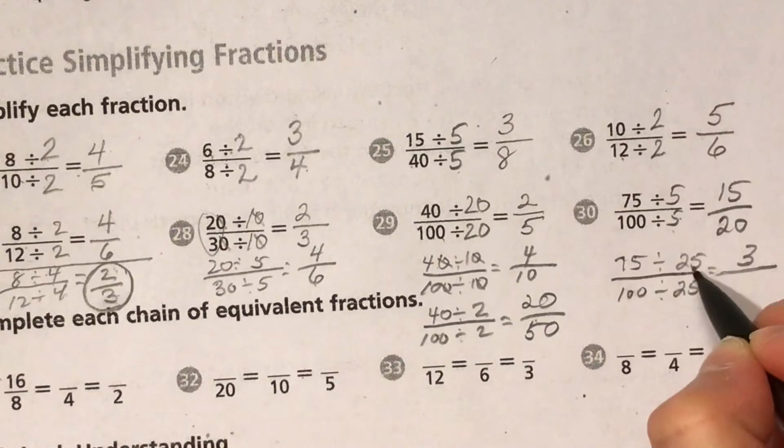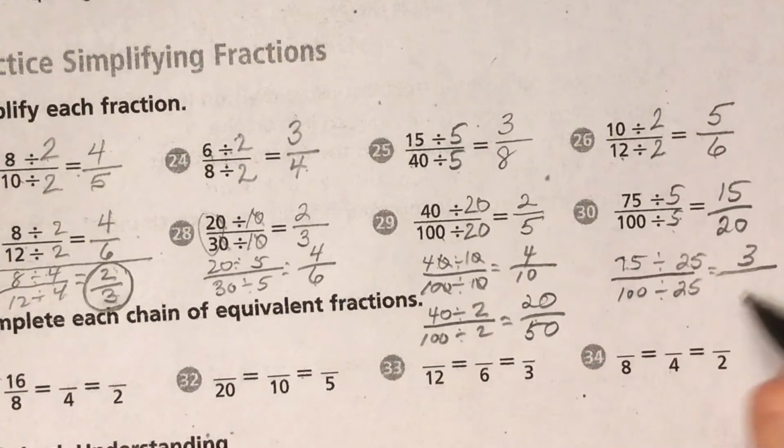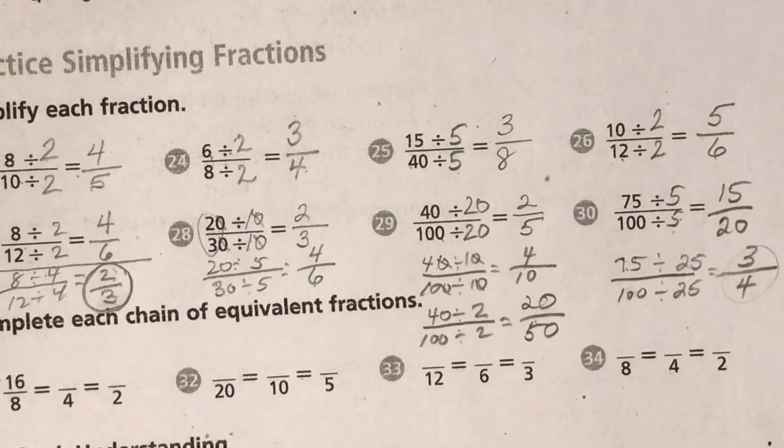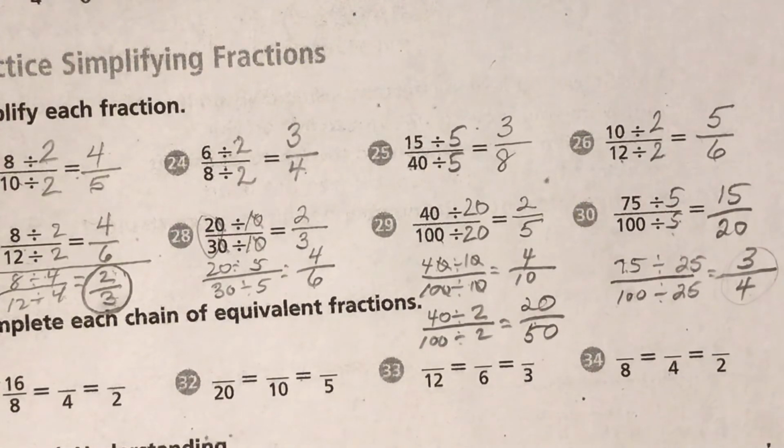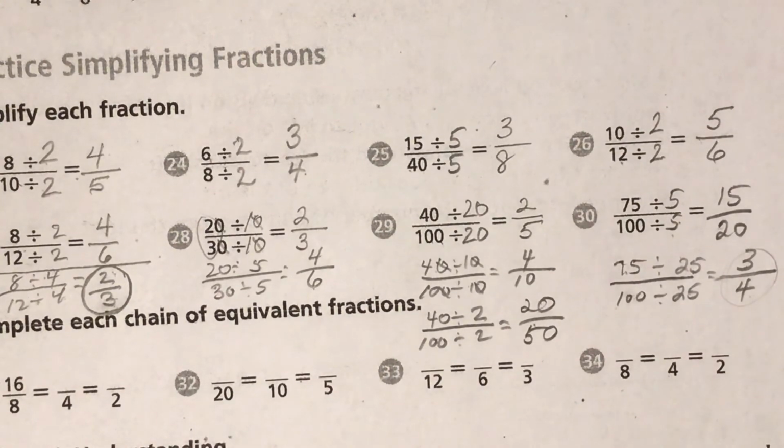There are 3 quarters in 75 cents, and there are 4 quarters in 100, so 3/4. This would actually be the lowest common terms, but those are the 2 most common answers that you're going to find. Most of you did. Again, you don't have to do them all. You only need to find one way for our 4th grade math.